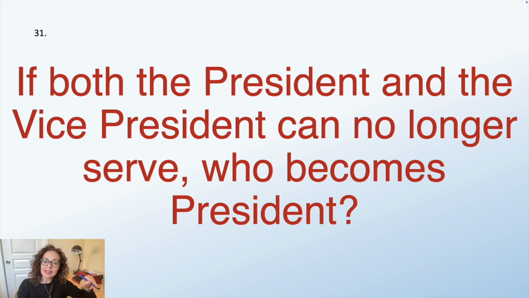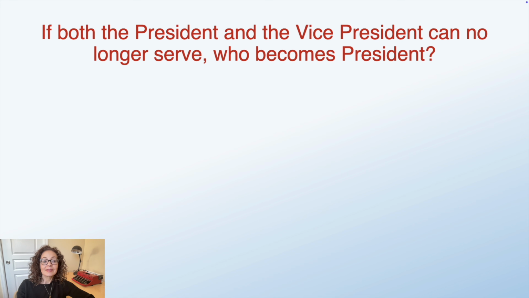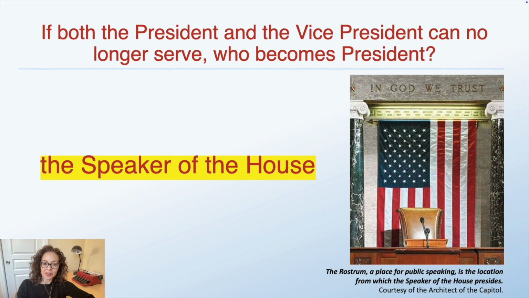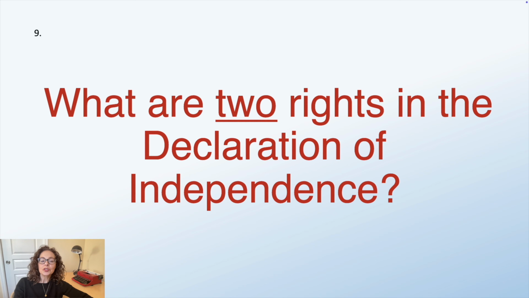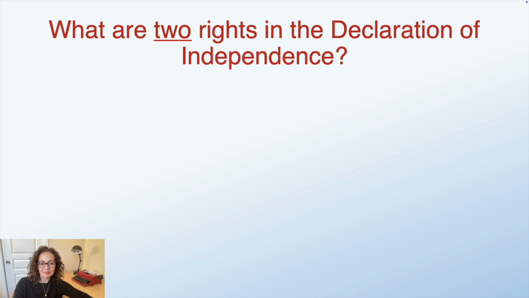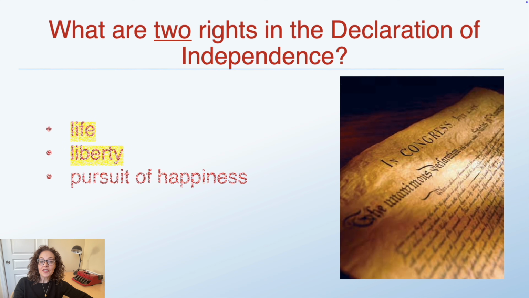If both the president and the vice president can no longer serve, who becomes president? The Speaker of the House. What are 2 rights in the Declaration of Independence? Life and liberty.